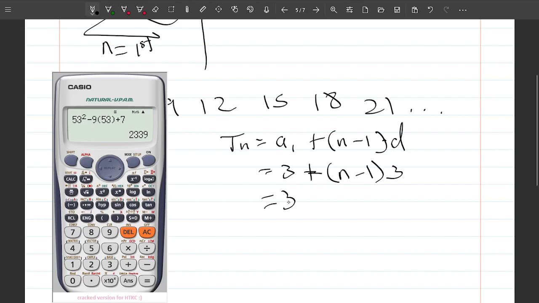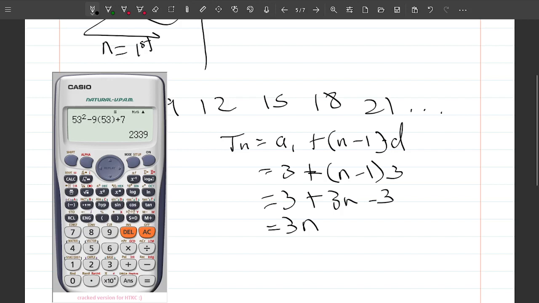Then I'll simplify. This is 3 plus 3n minus 3, because 3 multiplied by negative 1 is negative 3, and I'll end up with 3n, because 3 minus 3 is 0. This would be my nth term.